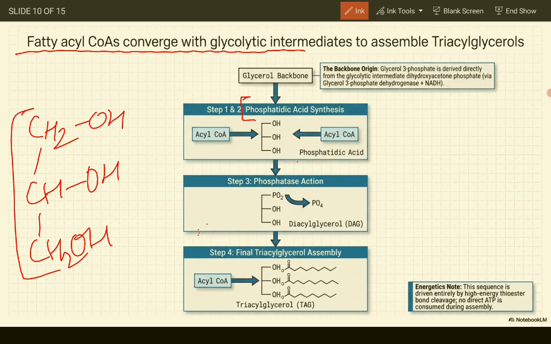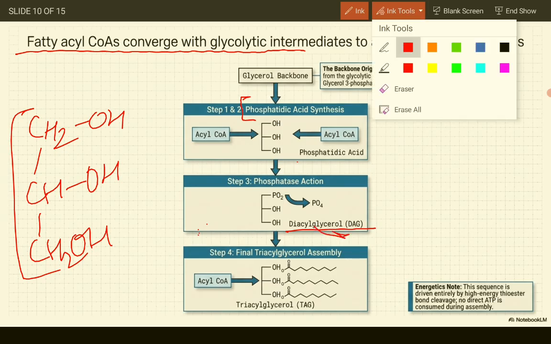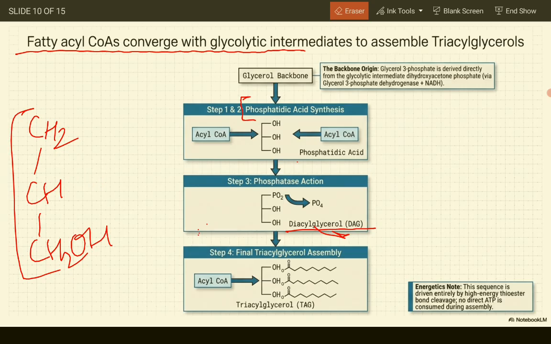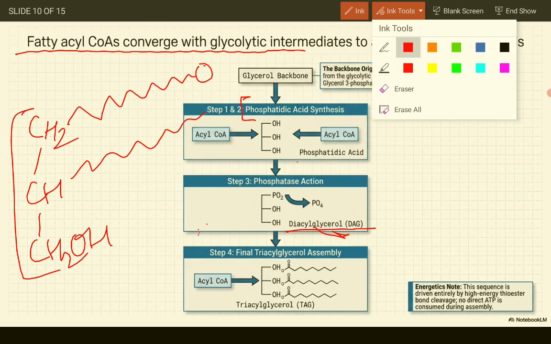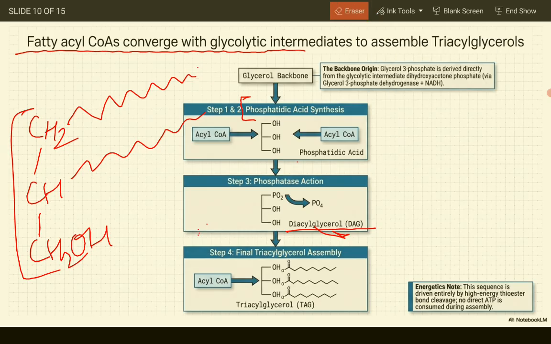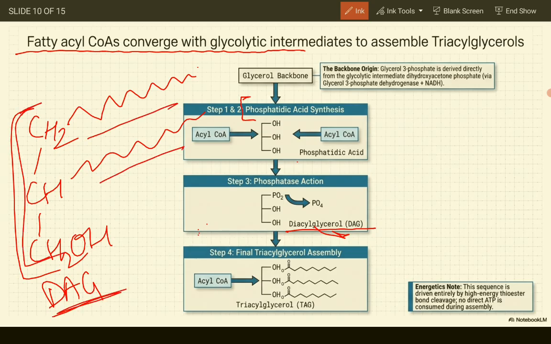For the production of diacylglycerols, what it means is that this OH and this OH have been removed, and an acyl group has been added in these two positions. So this is now DAG, or diacylglycerol. There are two acyl groups in the glycerol backbone. How is this produced? There is a glycerol molecule and two acyl groups bind to this.